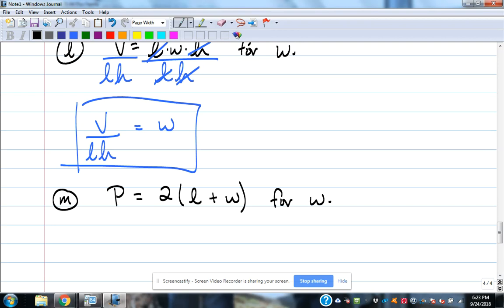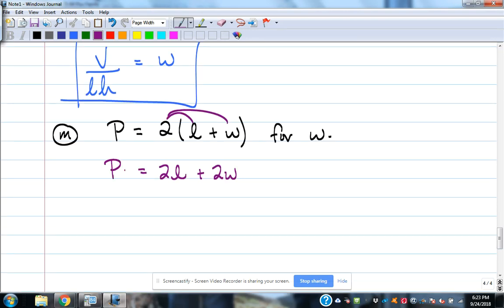There's several ways to get there. I'll give you an idea about the way you want to. What would you do to get W by itself? You could distribute. You don't have to, but I think that's a good way to start. So if we distribute the 2, 2L plus 2W, there's perimeter still by itself over there. Now, which one of those has to move?